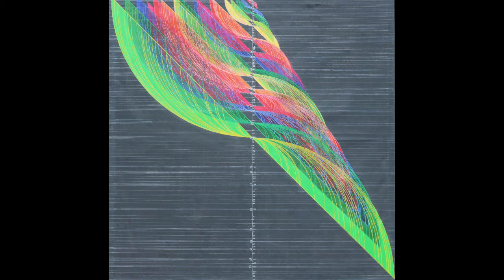And the painting is 1 meter 74 by 1 meter 74. That means that 4 numbers I put into 1 centimeter. So from each number to the next, it's 2.5 millimeters.